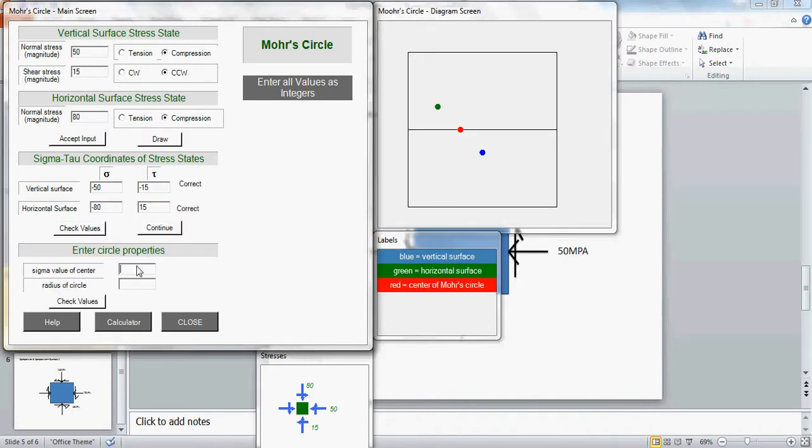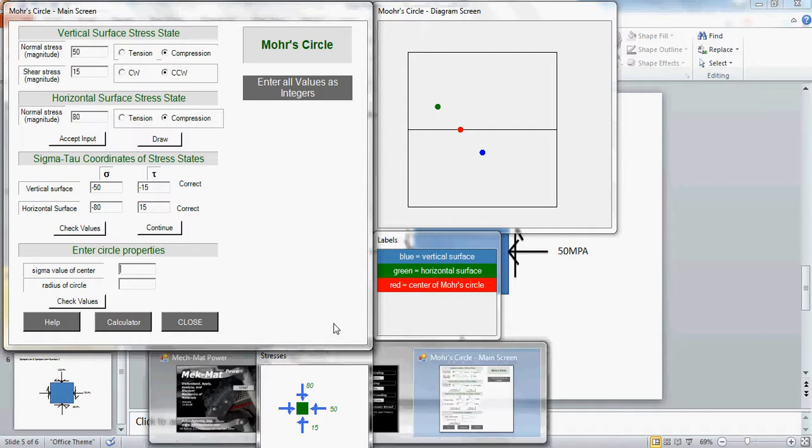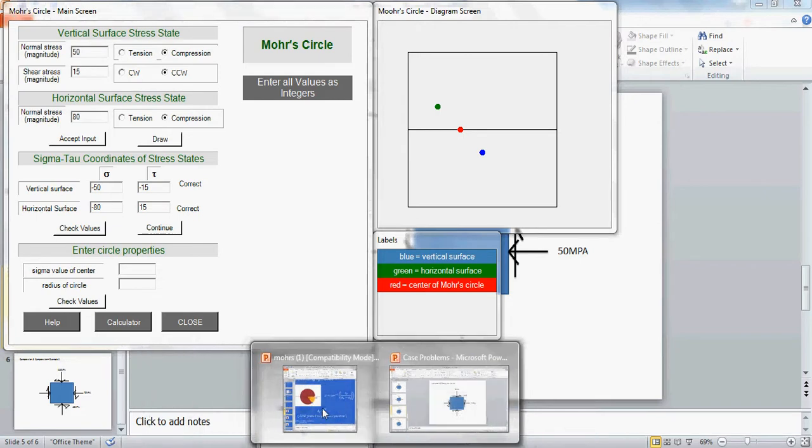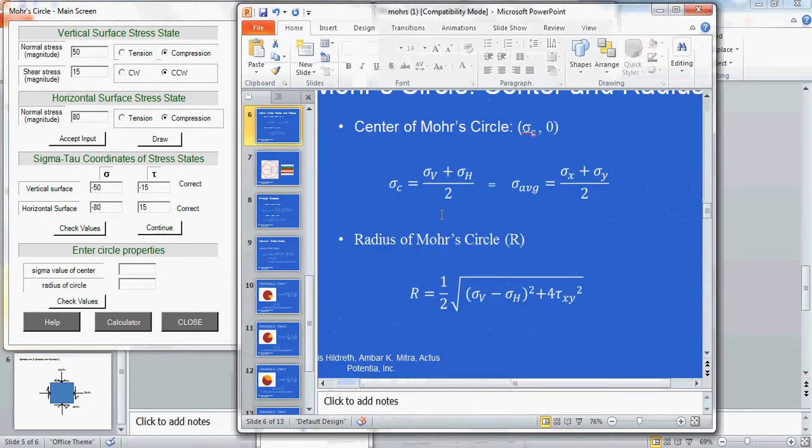Okay, so now to calculate the center of the circle and the radius of the circle, you can do that right here, where the center is basically the average of the two stress values, and you have the equation for the radius right here.